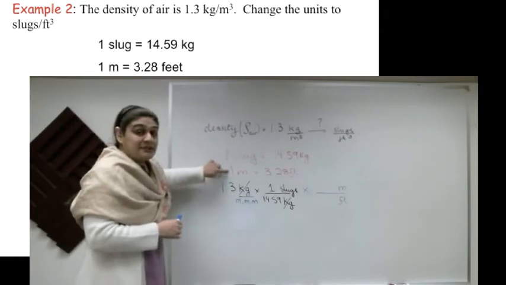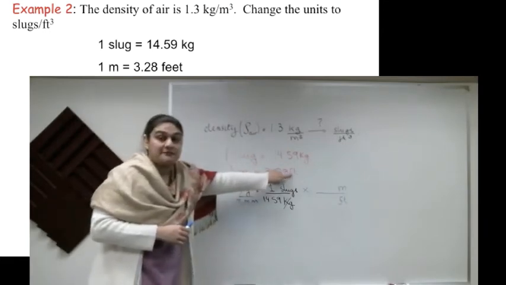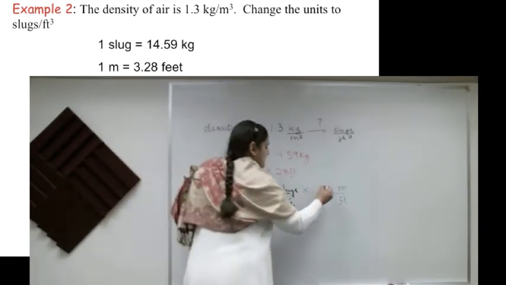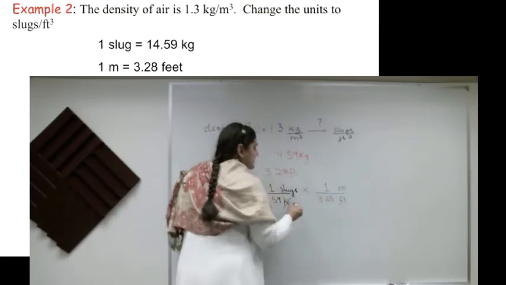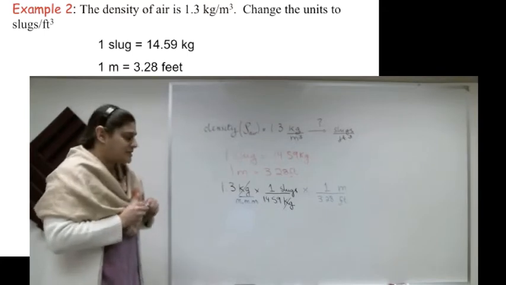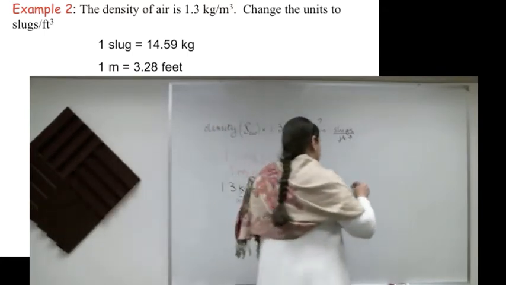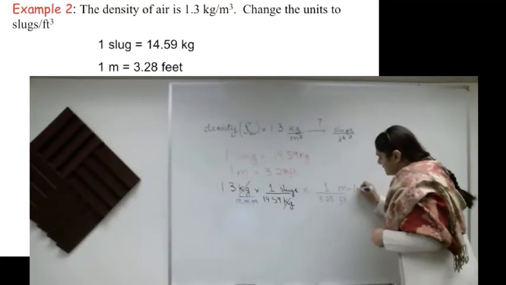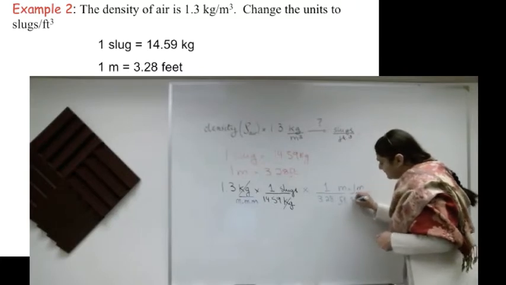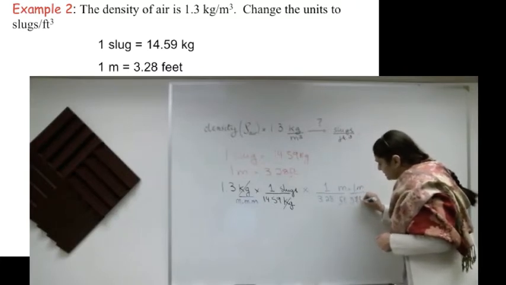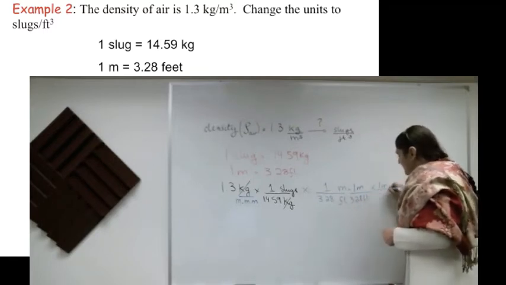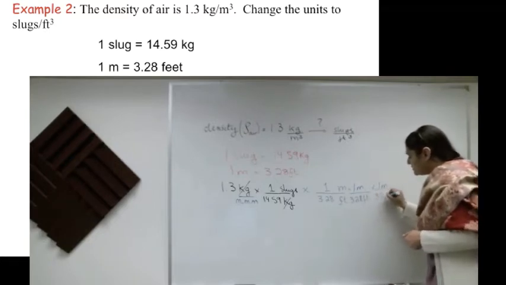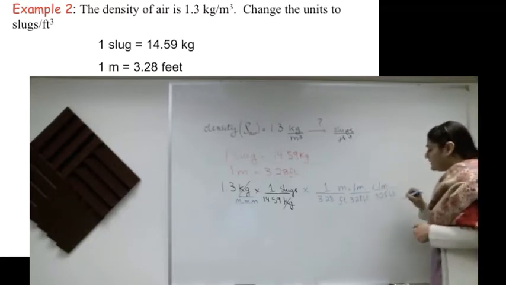Given 1 meter equals 3.28 feet, I have to multiply by 1 meter divided by 3.28 feet, and then again by 1 meter divided by 3.28 feet, over and over again.